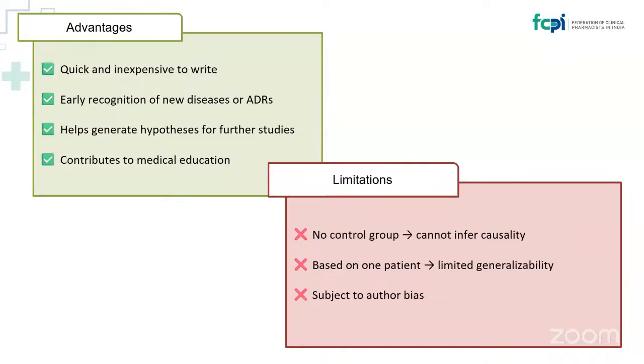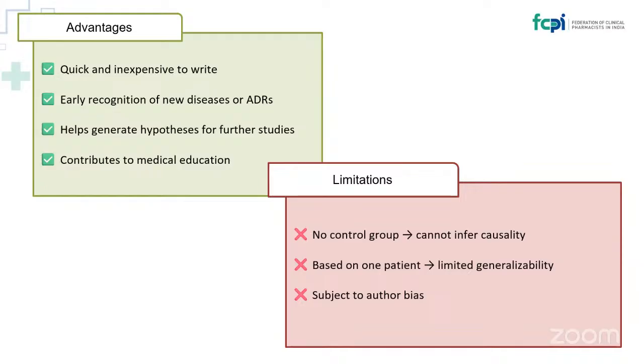It cannot mean that the rare disease condition will occur in the whole population. It's not that valid, but it can add value to the literature search. It is based on one patient, so as I told earlier, it will limit the generalizability.